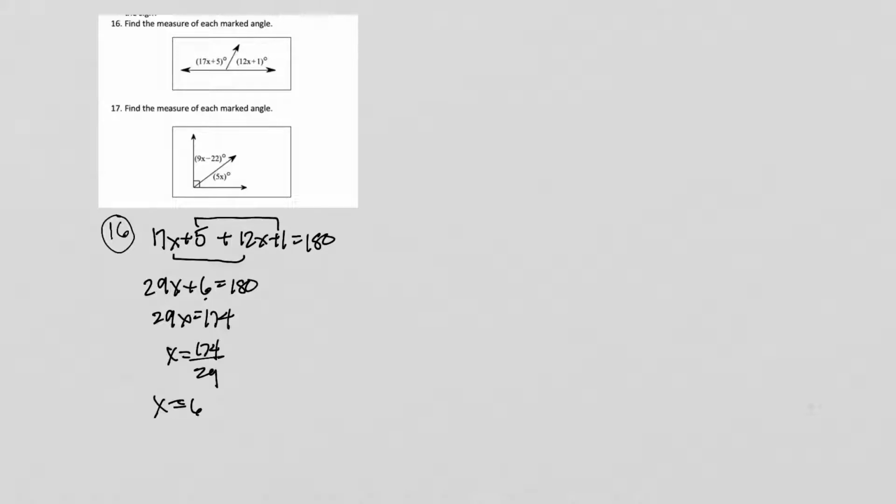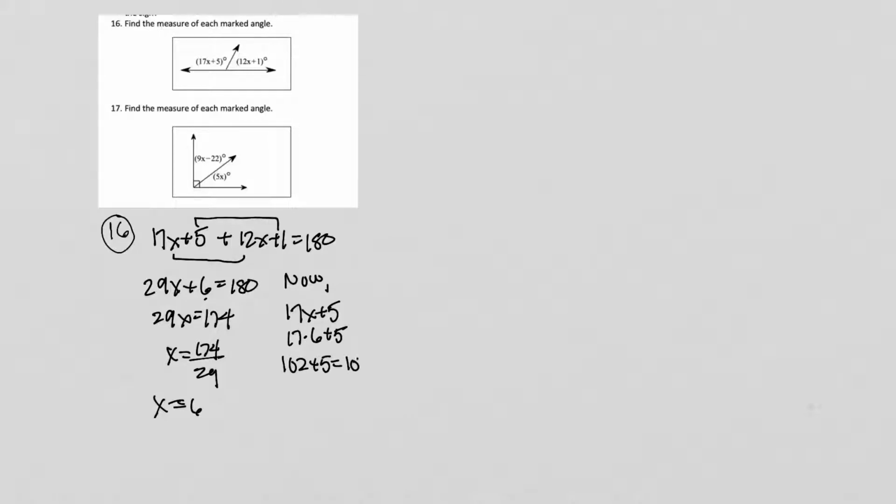Okay, so that's x. Now be careful, that's not the answer here, right? That's x. So we need to put x back in here and in here. So let's compute those. 17x plus 5 is 17 times 6 plus 5, and 17 times 6 is 102 plus 5.